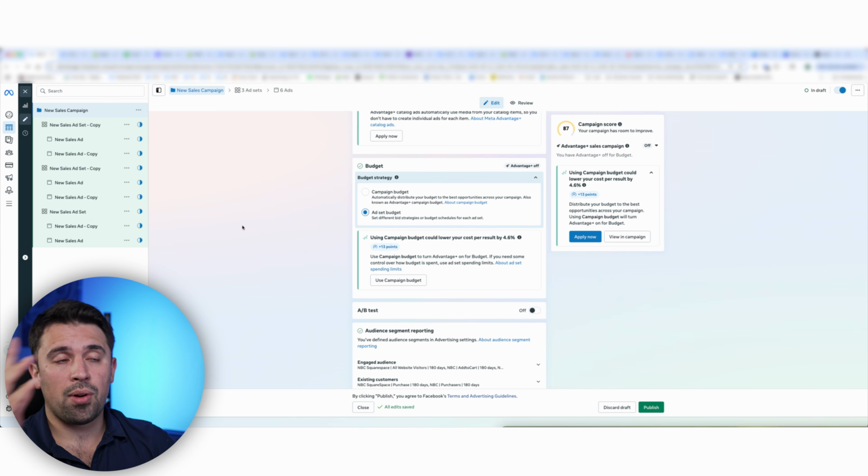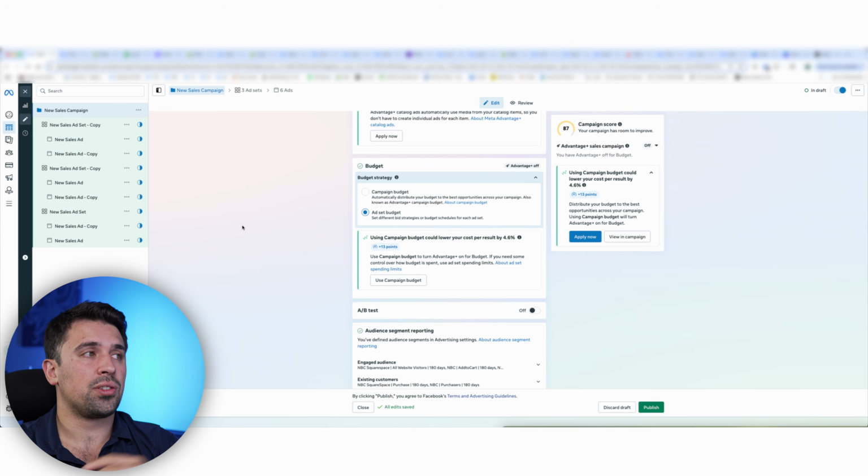If I had to summarize it in a very short, concise way, I would say CBOs, all the ad sets impact each other. They compete for spend. They are a campaign type that you don't want to introduce new things into, like ads or ad sets. Really, all you want to do is increase the budget, lower the budget, turn off ad sets. So you don't want to optimize at the ad level.